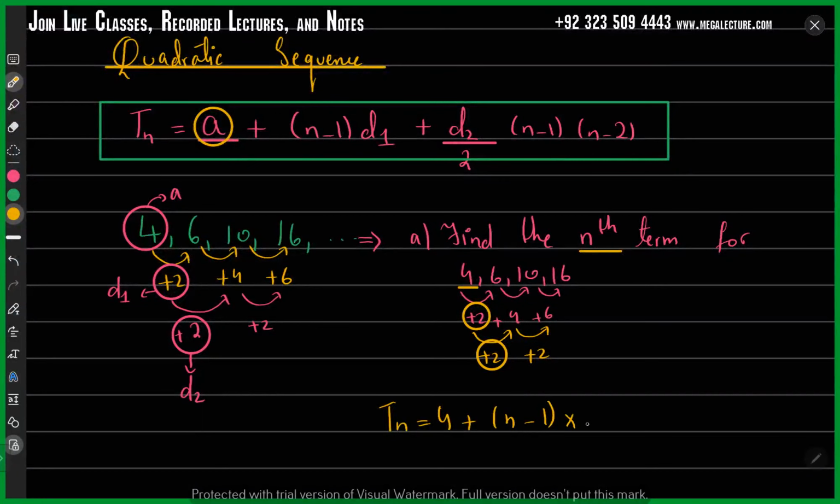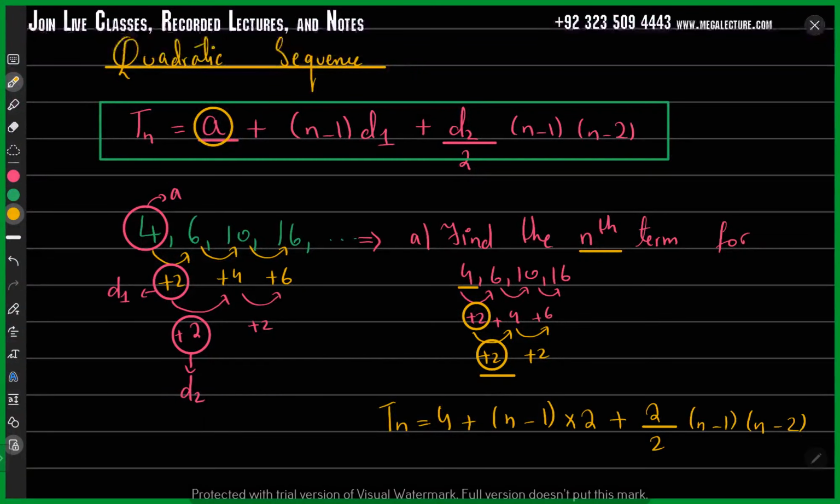Very good. This is D1, the first difference. It's 2. Then plus D2 by 2. What is D2? D2 is this 2. 2 divided by 2. And then n minus 1 and n minus 2 are going to come as it is. And then you guys are only supposed to simplify it.